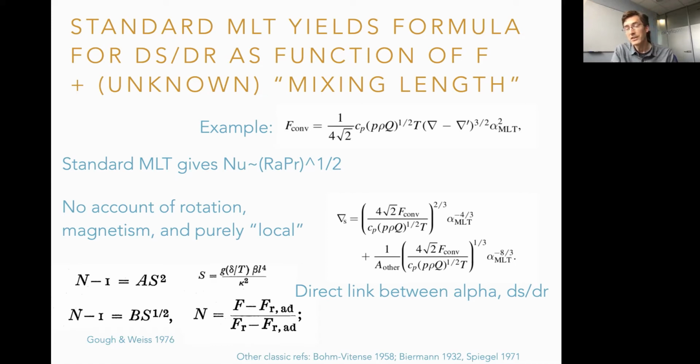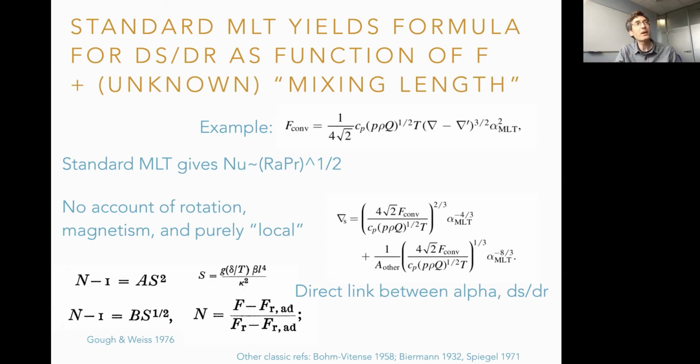In one regime, the convection is efficient, and that gives you a certain relationship between the heat flux and the driving. And in another regime, it's not so efficient, and that gives you a different relationship. And in stellar astrophysics, you use something like this to construct a value for the temperature gradient developed by convection. There's an unknown parameter called the mixing length.